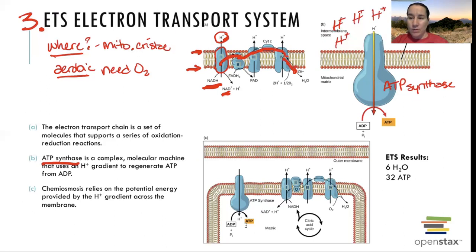Well, if we remember back from, I want to say chapter 2, we talked about diffusion, right? And it was passive, and diffusion is always going from an area of high concentration to an area of low concentration. Everything always wants to go to an area of lower concentration.